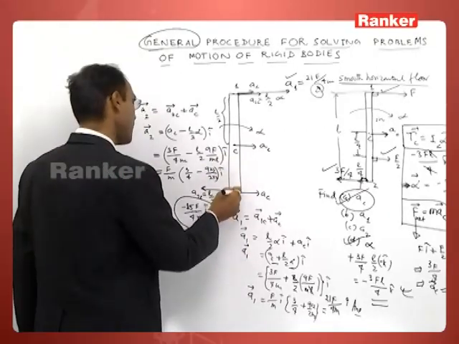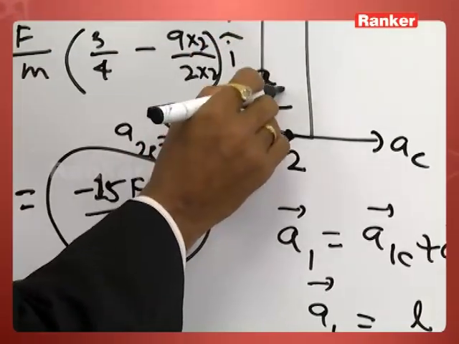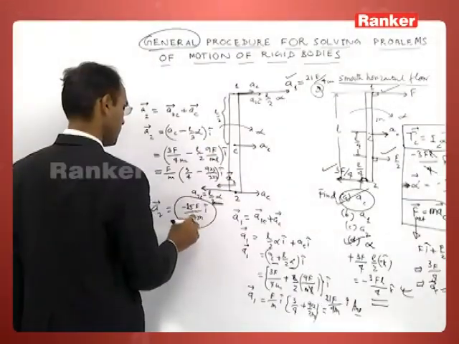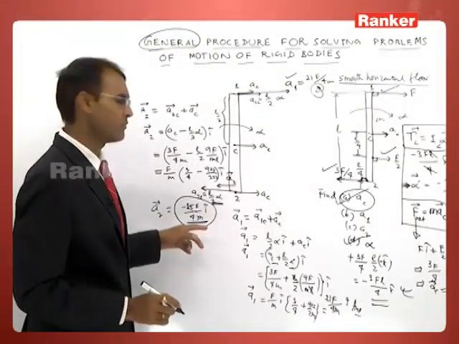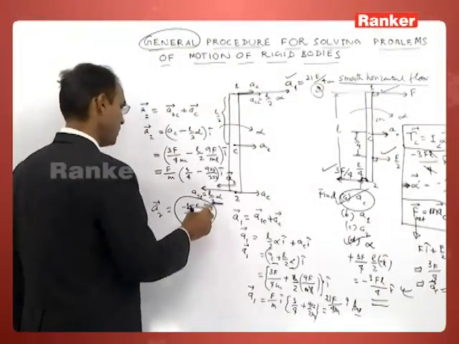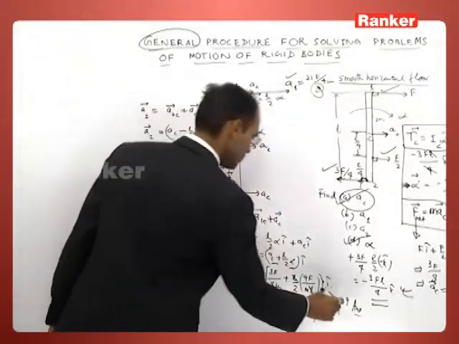Therefore, this point will accelerate towards left with 15F by 4m meter per second square. This is A2, this is A1.